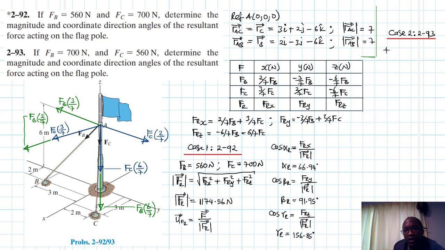What do we have here? Here we have FB. FB is equal to 700 newtons, and FC is equal to 560. The same values, they've just swapped.